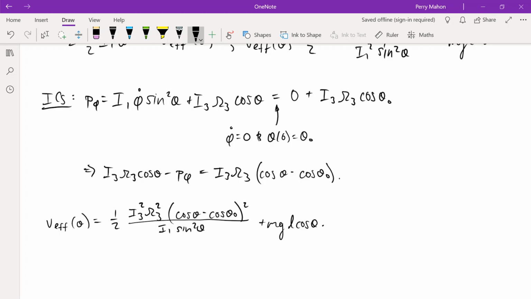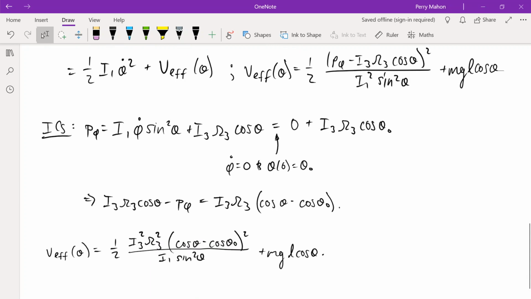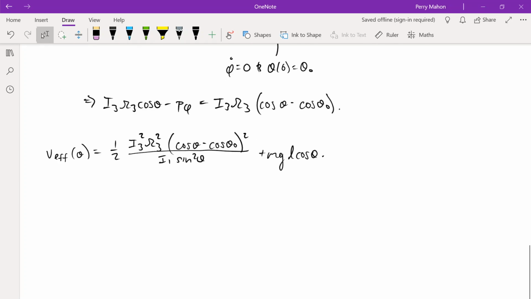Okay, so now we have the form for V effective with the initial conditions inserted. And now we can pull this all back together to find the equation of motion for theta.